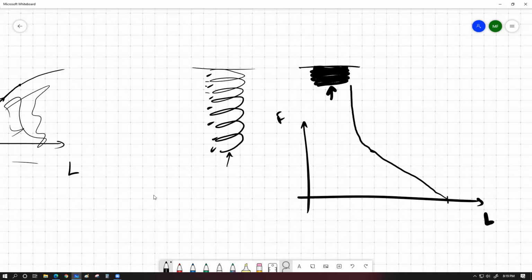Because in that case, even if you keep on increasing the force, the compressive stress, by a very large amount, you're going to observe very little compression any further. So you're going to have a linear graph till the point you have the gaps between the coils. The moment the gaps are gone, the spring is going to start to behave like a very stiff object.